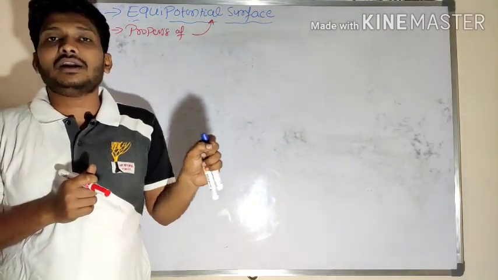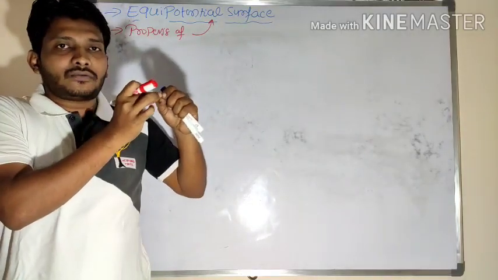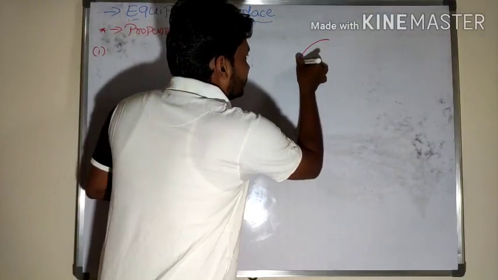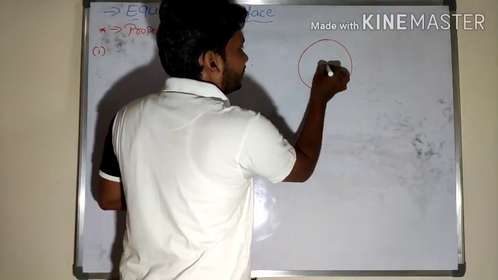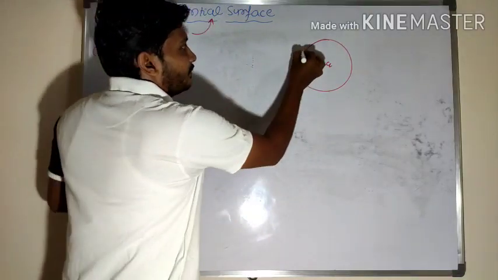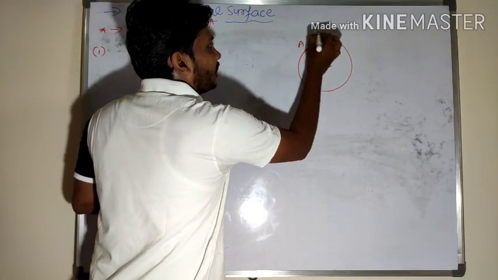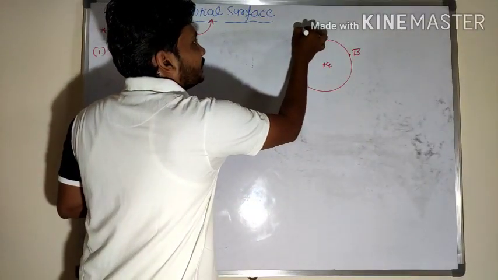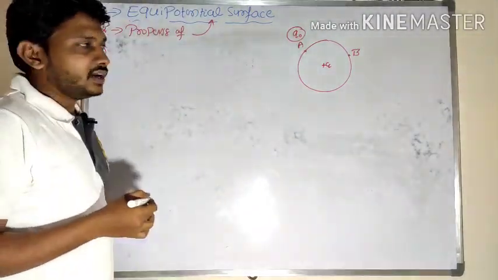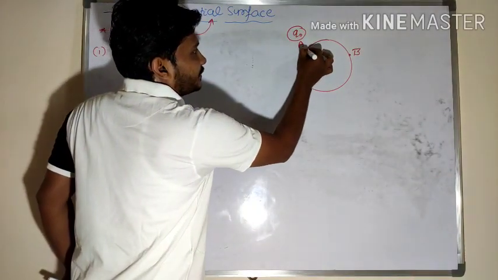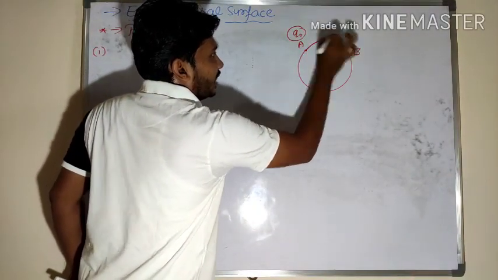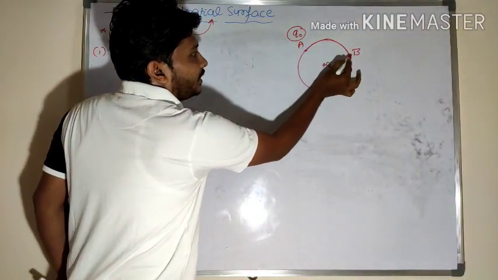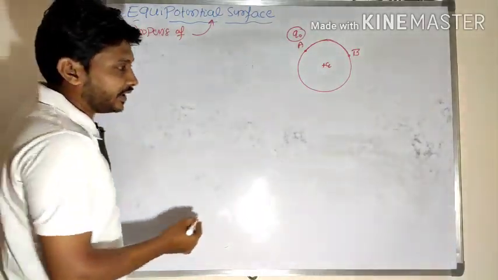Then what is the work done to bring the charged particle from one point to another? For example, here one surface is there, this one is the equipotential surface, with point A and another point B. Here one test charge I will consider, and I want to bring this test charge from one point to the other.